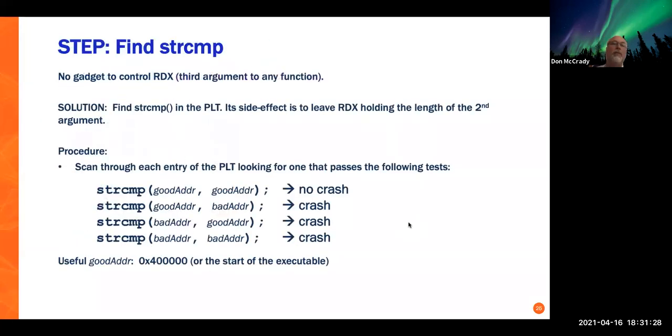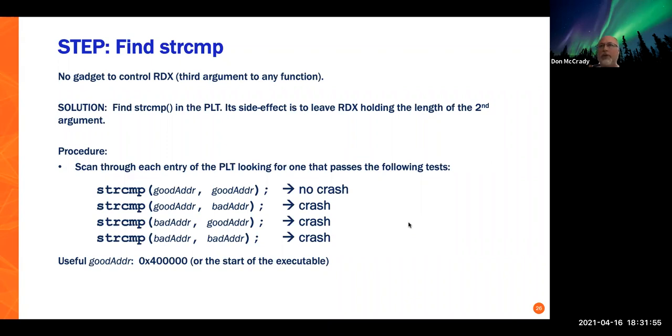So now I found the PLT. I need to find strcmp. So, I mean, I should back up. What I really need to find is something to control the third argument to any function on x86-64, which is in the RDX register. Now, the problem is RDX is a volatile register. It's a scratch register. You are never going to find a push RDX or a pop RDX.